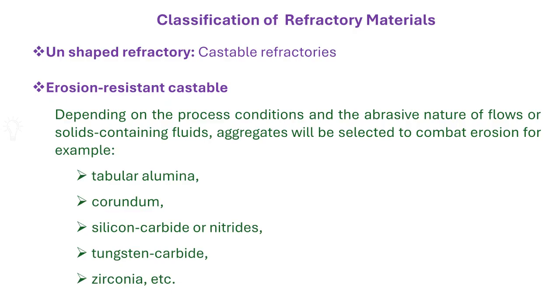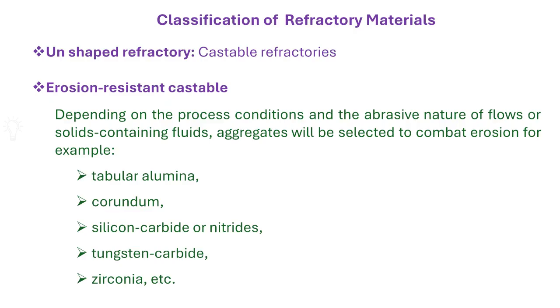Now, choosing the right erosion-resistant material isn't one size fits all. Selection depends on the exact nature of the erosion in your process. Key factors include the velocity of the fluid stream, the angle at which particles strike the refractory, the amount of solid particles being carried, and the type and hardness of those solids.